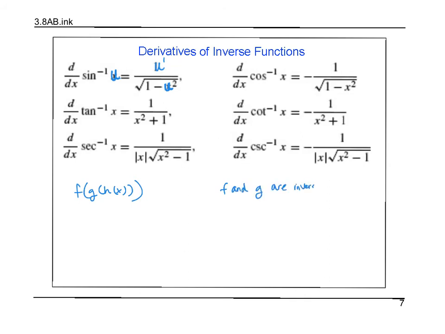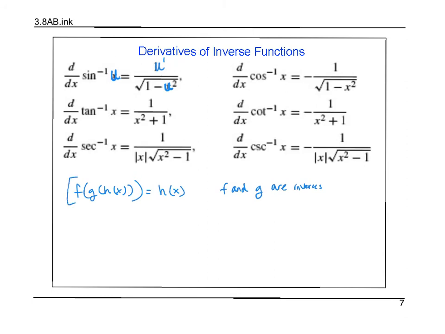H is just an additional term inside of it, an additional input. Then if they are truly inverses, just like before where the inverses simplified and ended up equaling x, well now it would simplify and equal h of x.